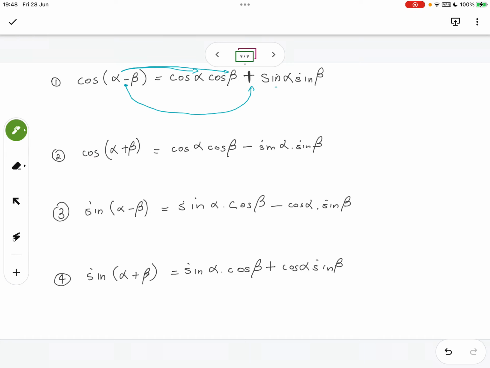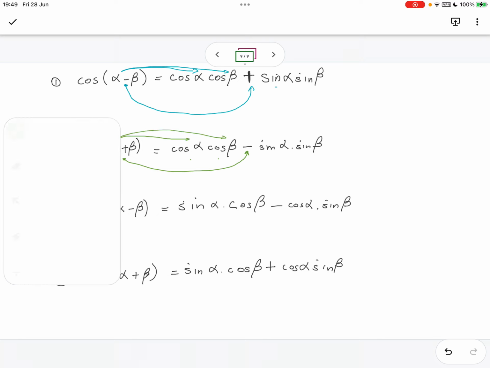That's the first compound angle identity. Now with the second one, you do the opposite. If it's plus there, then between the products of the trig ratios sine and cos, it's negative. And then you start with the alpha and then you go with the beta.